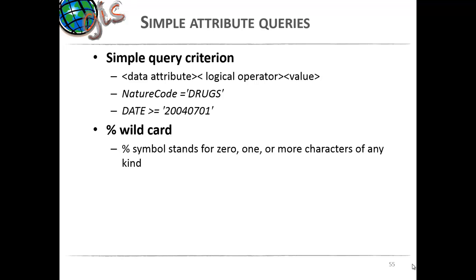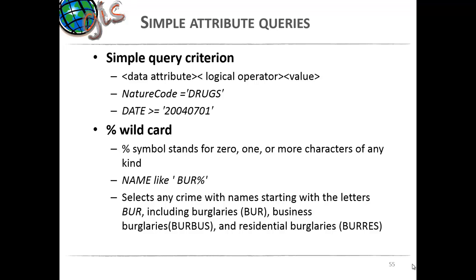Percentage is a wildcard that you can use when you are unsure about the exact values. We can use the percentage symbol as a wildcard to let the GIS cast a wider net, so to speak. In theory, the percentage symbol stands for zero, one or more characters of any kind. So name like Bur could be Burlington or Burton or whatever that is.